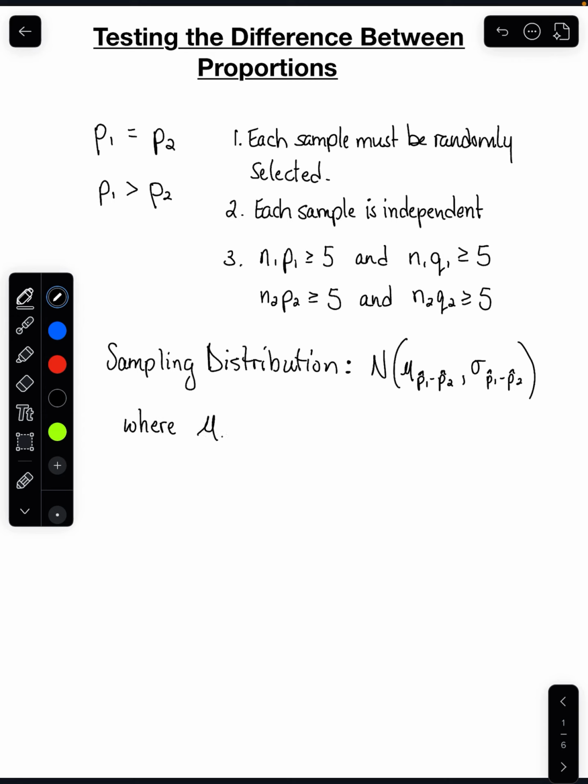Where the mean, the center of this distribution, is going to come from the difference between the population proportions, which, under the assumption that they are the same, should be equal to 0.